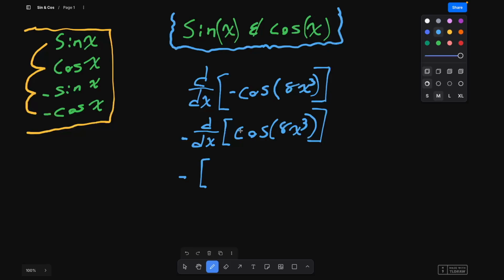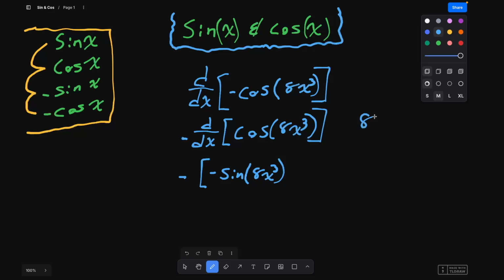So then we have negative times the derivative of cosine, which we know is negative sine of our inside function. And then we're not done because we take a derivative of the inside function.